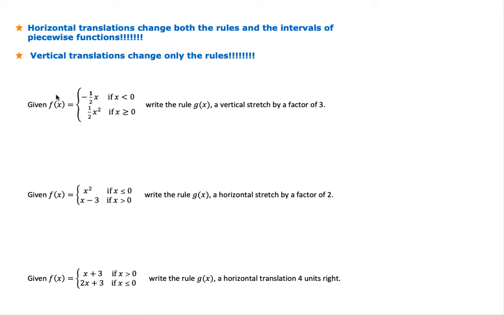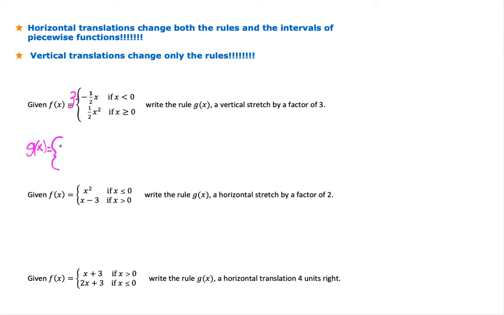Okay. So let's look at this one here. We're given this piecewise function, f of x, and it says to write the rule of g of x, which is a vertical stretch by a factor of 3. Well, if you stretch something vertically by 3, you're going to multiply to the front of it. So my new function is going to be 3 times negative 1/2.